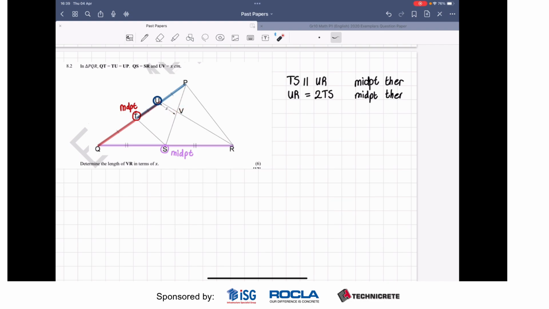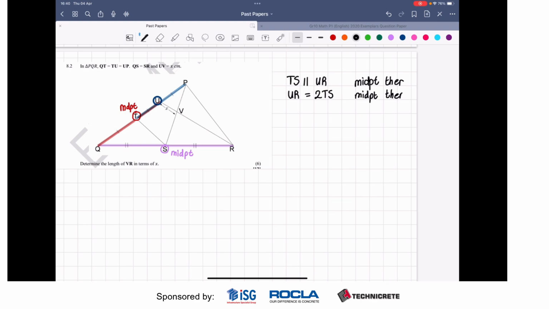And then from the converse midpoint theorem, I can conclude that TS is equal to twice the length of UV, which is 2x.